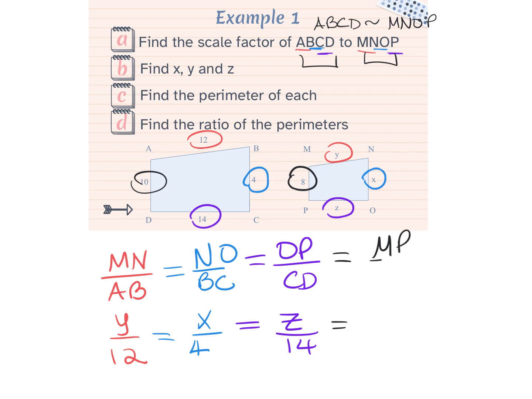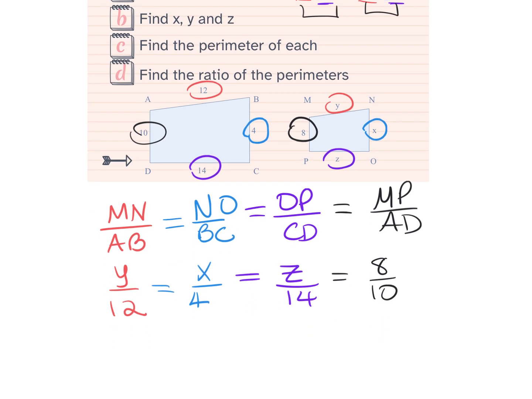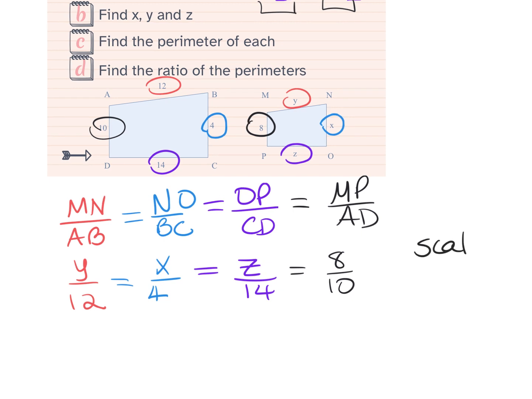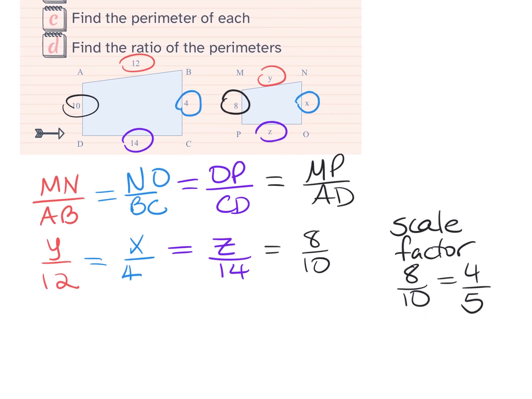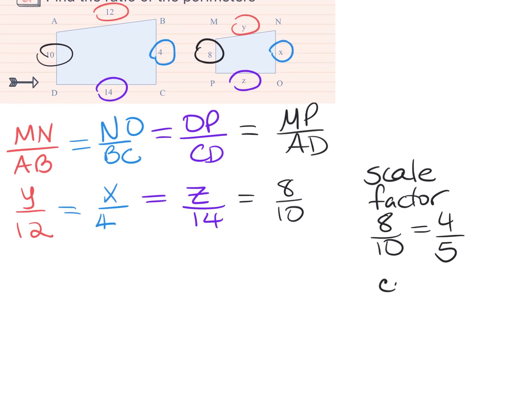So MP to AD, this is going to give me my scale factor. I don't have a variable now. So my scale factor is a simplified ratio, so 8 over 10, which reduces to 4/5. So this is my scale factor. This is also called the corresponding side length ratio.